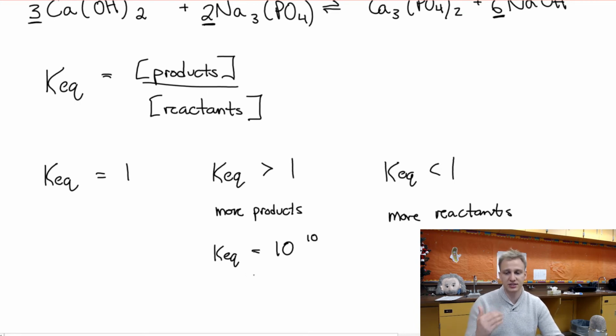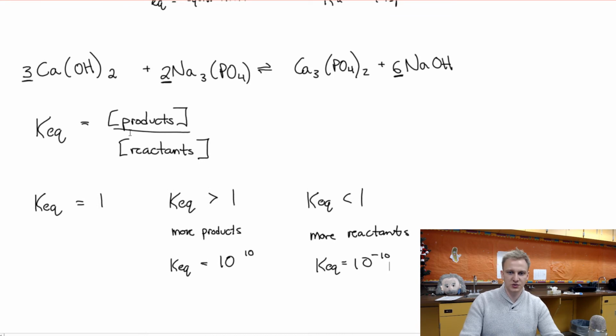If our KEQ is 10 to the power of negative 10, then we say that the reaction basically doesn't happen, that we have so much reactant that realistically there's not enough product to really even classify this as a reaction.